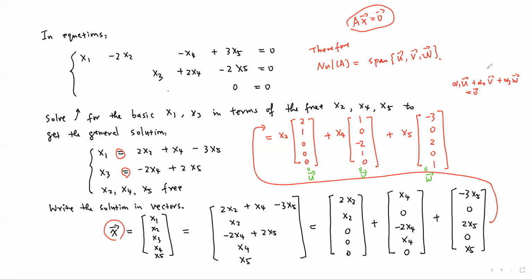Solve this vector equation. You will see the only solution is 0, 0, 0. When this vector equation has only 0, 0, 0 as solution, the three vectors are linearly independent to each other.